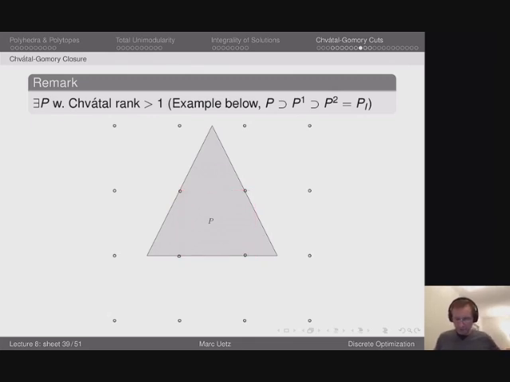And indeed, if I take a supporting hyperplane above here, for example, I could be moving that in this direction, and I will be bound by integer points here, and the first Schwartal closure will be this object here, okay? That would correspond to these constraints that I have obtained by Schwartal-Gomory rounding, but not more. So the first Schwartal closure is not yet the convex hull of all the integer points. Only the second round of Schwartal rounding will actually give me the convex hull of the integer points.